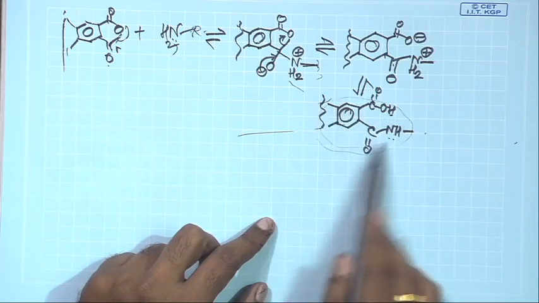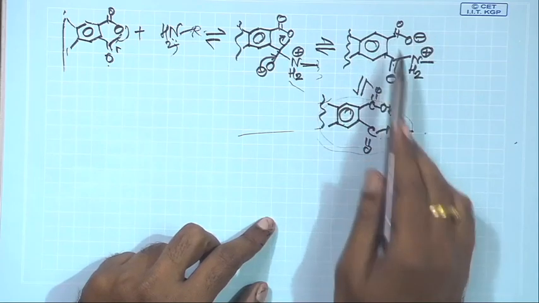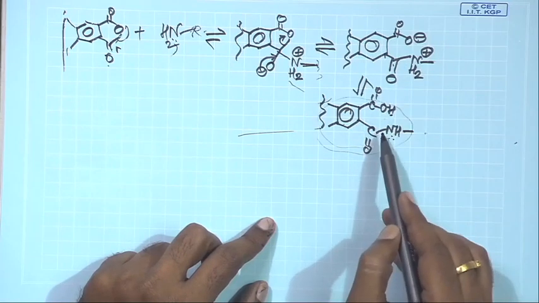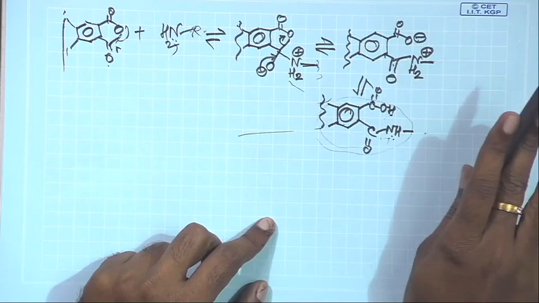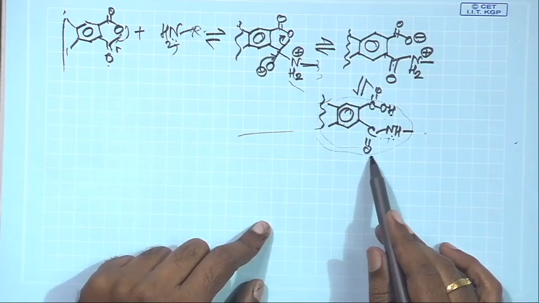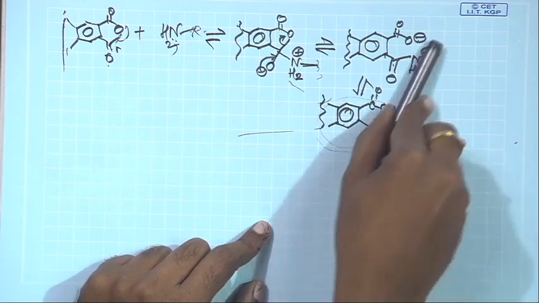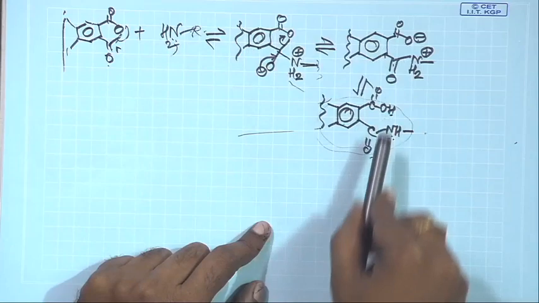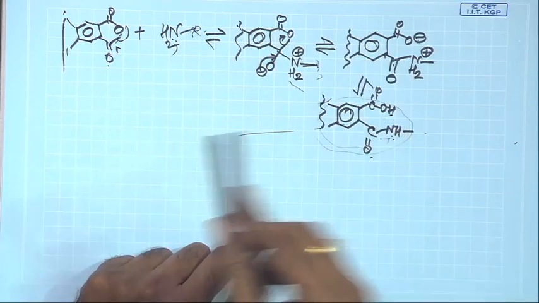Then only from here you can go to this particular species, this proton will be transferred to this nitrogen. So, if you can stop that from happening, then you can actually take the reaction forward. So, that means you are decreasing the rate of the reverse reaction. So, that would mean effectively you can pull the equilibrium to the right. How can you do that?